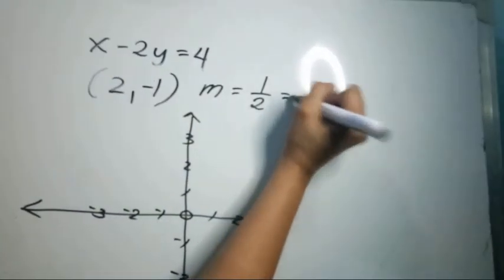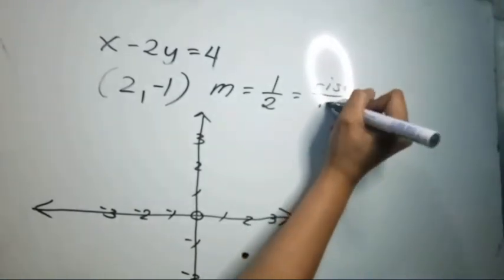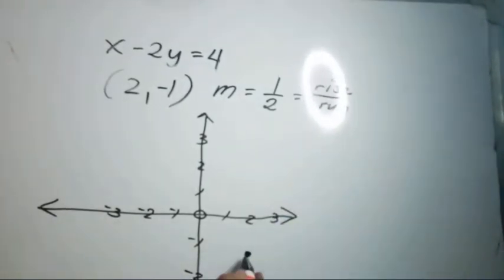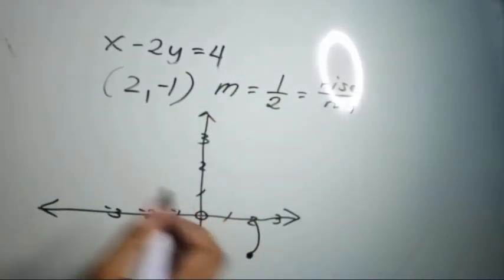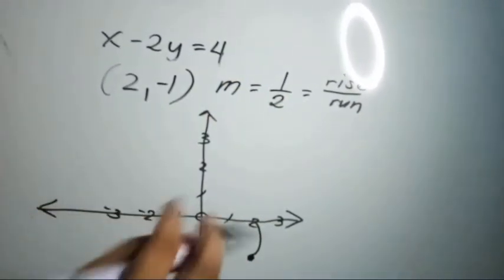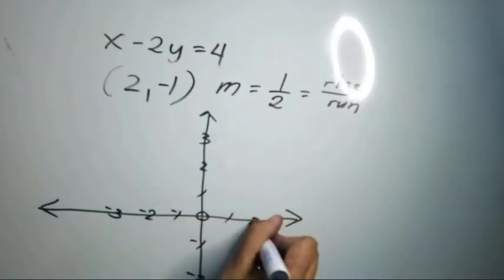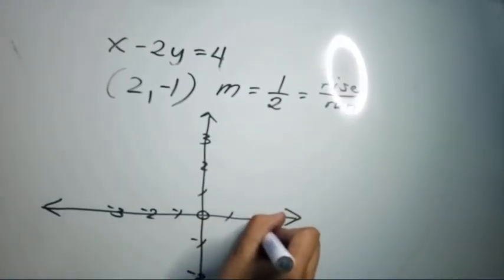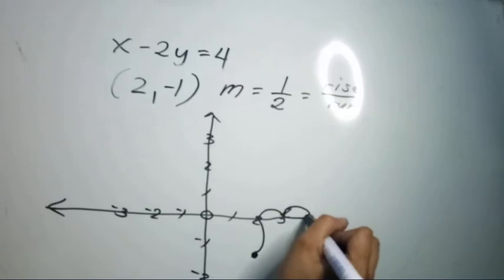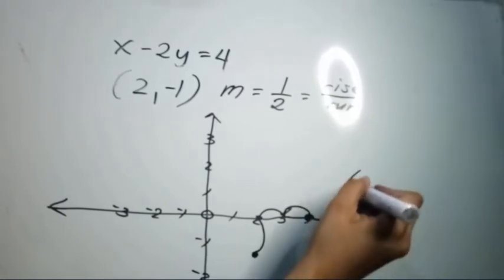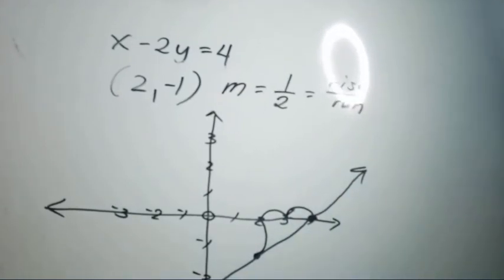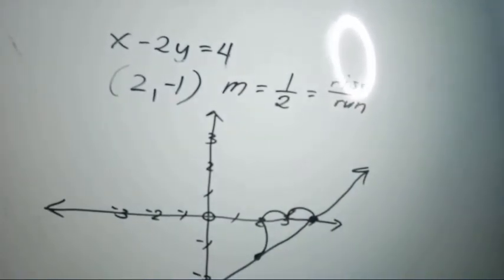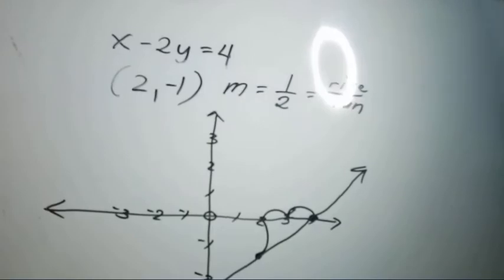This will be the rise over run. Rise is 1. Because it is positive, we're going upward. Then run is positive 2. So we're going to run. Therefore, this will be the second point. Connect the 2 points, and we have the graph of this equation x minus 2y is equal to 4.